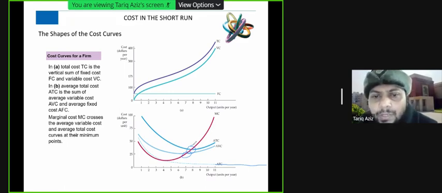So this is the point you have to keep in mind: the marginal cost curve cuts average variable cost and average total cost at their minimum point.